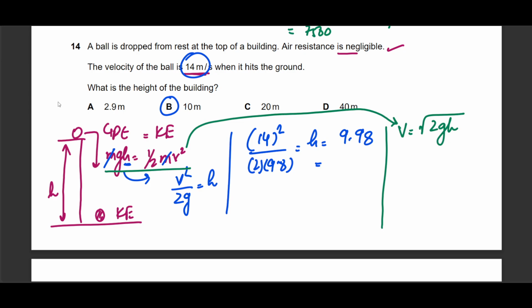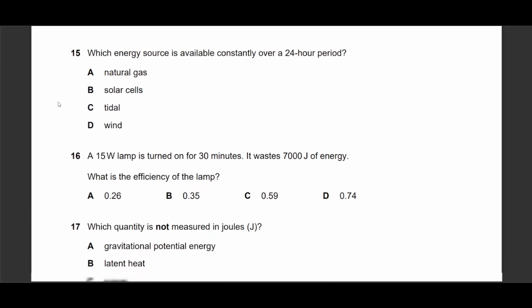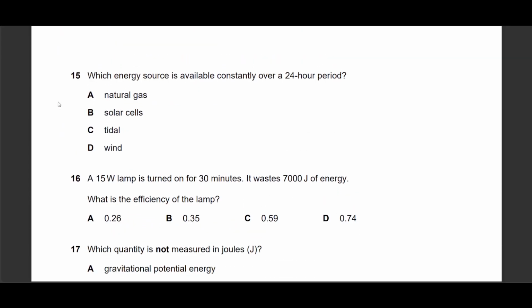What you could have done is put in all the options one by one: try h as 2, try h as 2.9, then try h as 10, then 20, and then 40. Only at option B will you find that the answer for v comes out as 13.9 something, which is of course 14. So this is a hit and trial method. This is a trick you can keep up your sleeve, right?